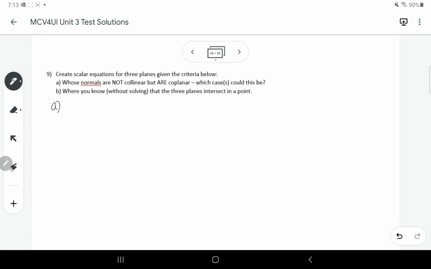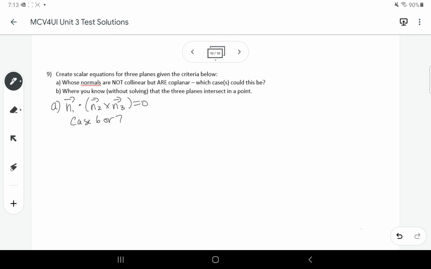Remember, coplanar meant that n1 dot n2 cross n3 equaled 0, and that meant that all of the normals would lie flat on a plane, and that this would be case 6 or 7. So either where they intersect in a line or they don't intersect at all.